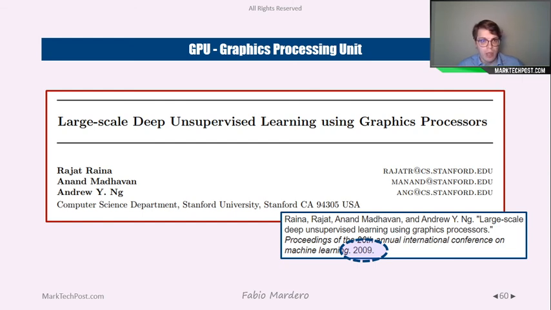I'm talking here about the GPU especially thanks to this paper. In 2019, this paper allowed machine learning to explode again, because these three authors explained how to leverage the graphic processors, the GPU, to do machine learning and to increase the speed of the machine learning training.